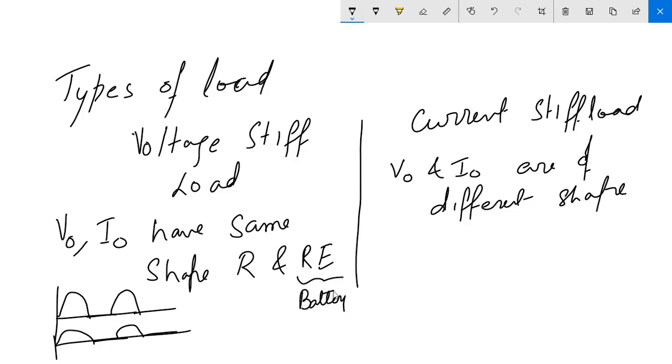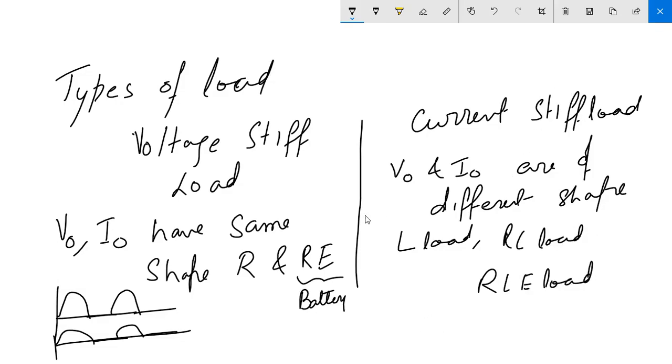Current stiff loads are the inductive load L load, RL load, and RLE load. So these are current stiff loads.